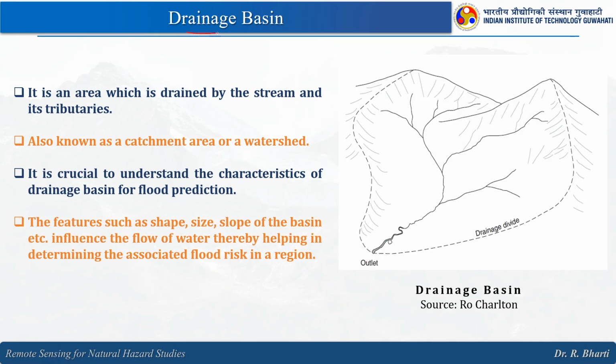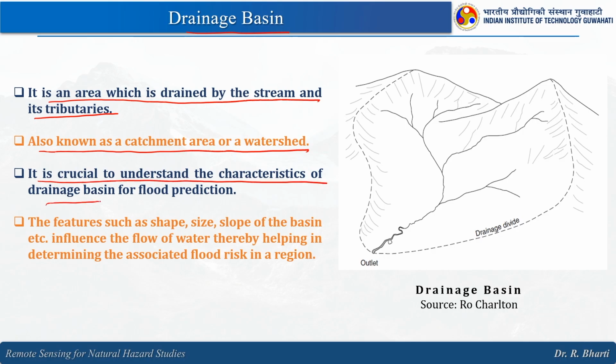So, when we talk about the drainage basin, it is an area which is drained by the stream and its tributaries, right, also known as a catchment area or a watershed. It is crucial to understand the characteristics of the drainage basin for flood prediction, because unless you know your area, how will you be able to predict or model, right.